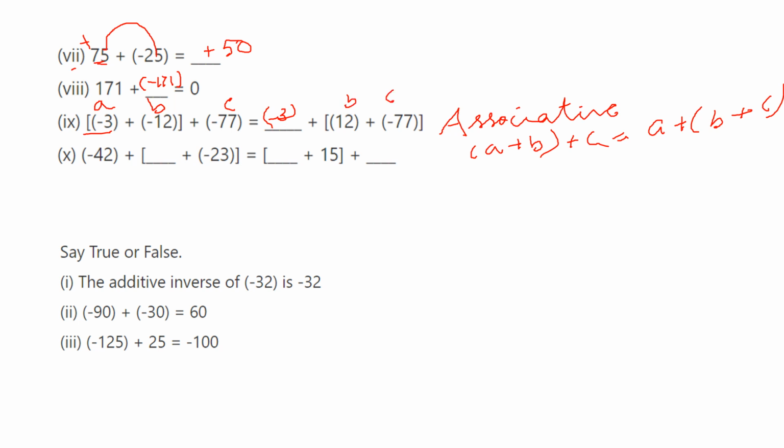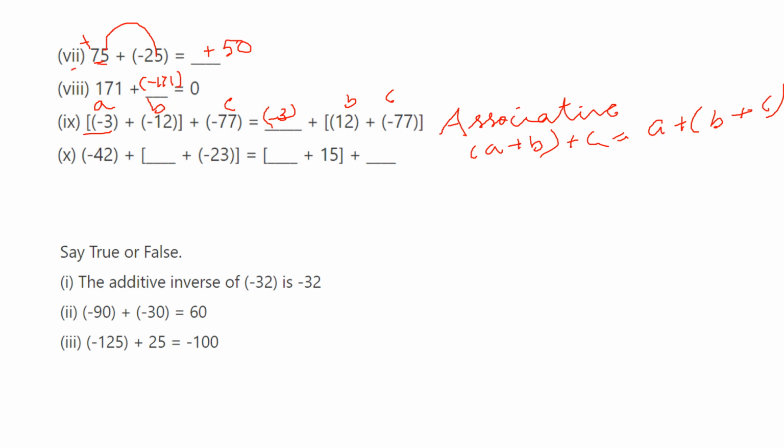Next sum, minus 42 plus bracket of dash plus minus 23 closing bracket equals bracket of minus plus 15 closing bracket plus dash.